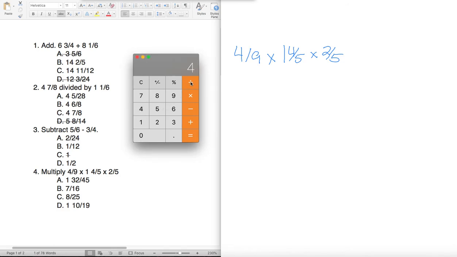So the first one does not have a whole number in front of the fraction, so it's going to be 0.4444 times, this one is 1 4/5, so it's going to be 1. 4 divided by 5 is 0.8, so this is 1.8 times 2 divided by 5, which is 0.4.